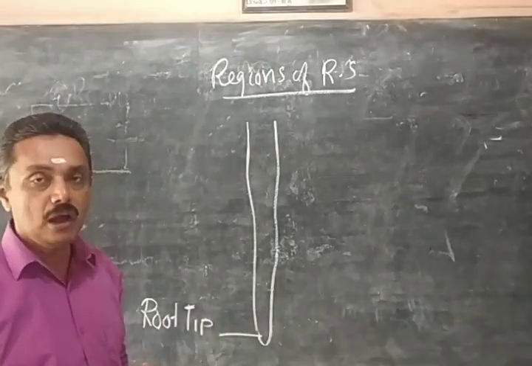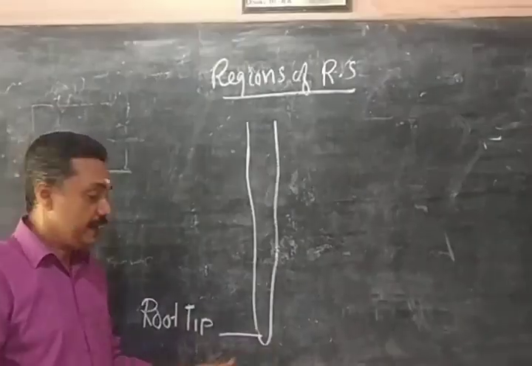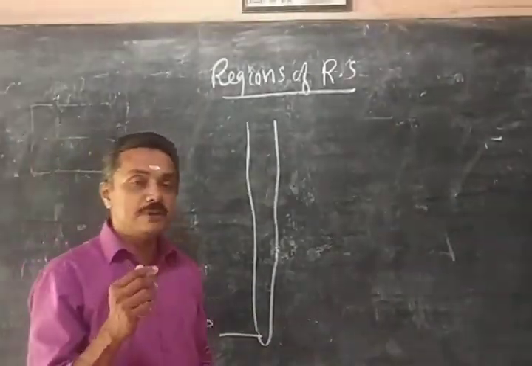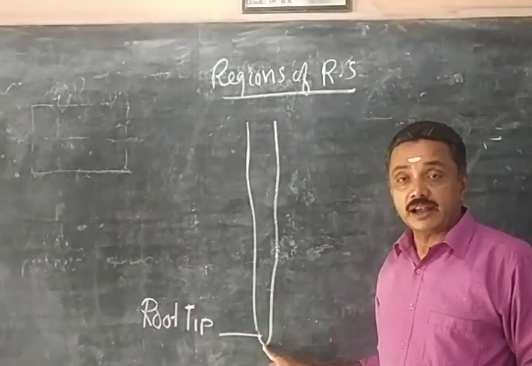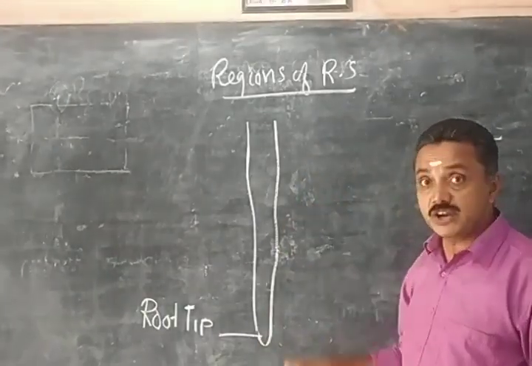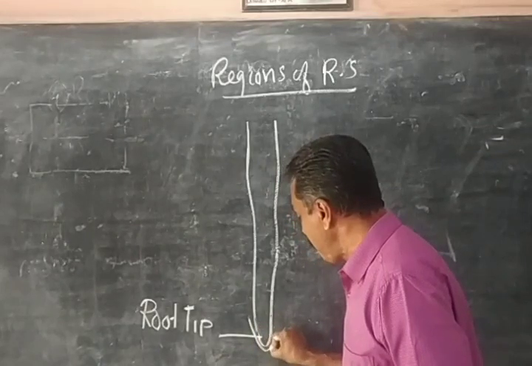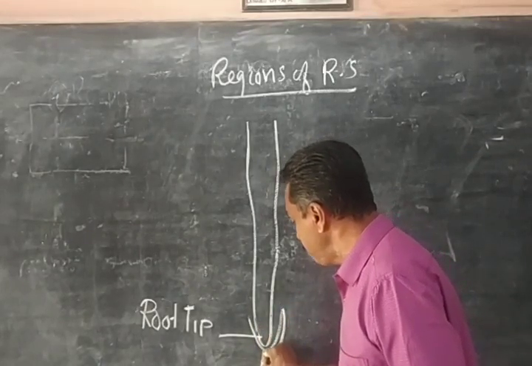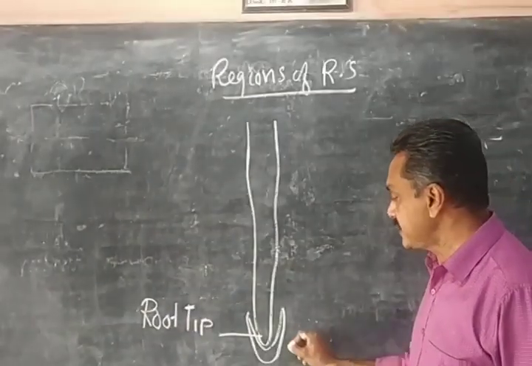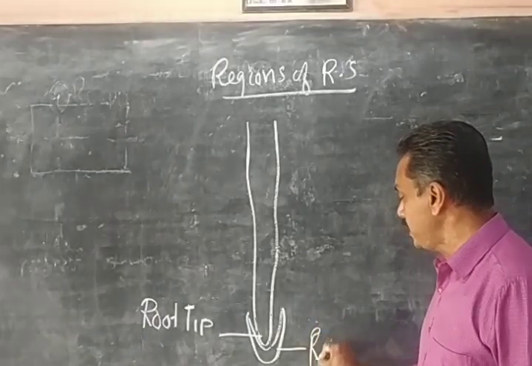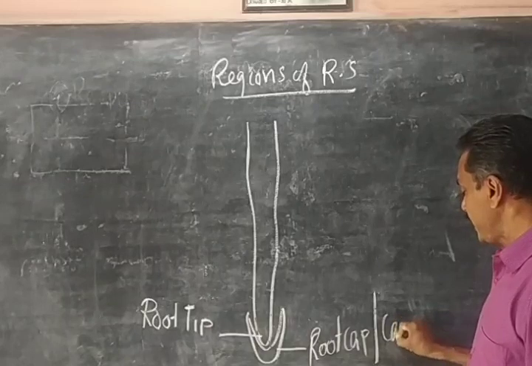This root tip is always positively geotropic, and the tip of the root is a very soft region. This is going downwards. The tip is covered by a cap-like covering. The tip of the root is protected by a cap-like covering. This cap-like covering is called the root cap or calyptra.